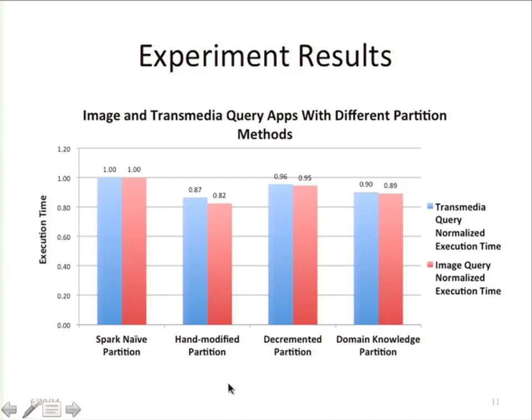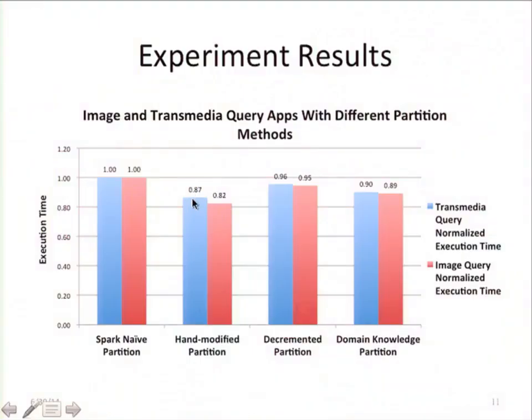The meaning of this hand-modified partitioning is that it is obtained by trial and error. So you can simply treat it as the ideal case where no data skew exists. Without data skew, we can see the performance is better, with probably a 23 or 28% reduction.